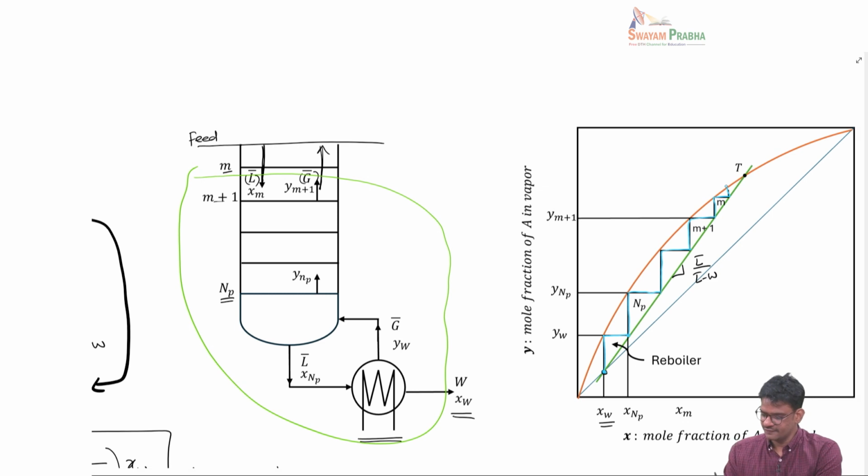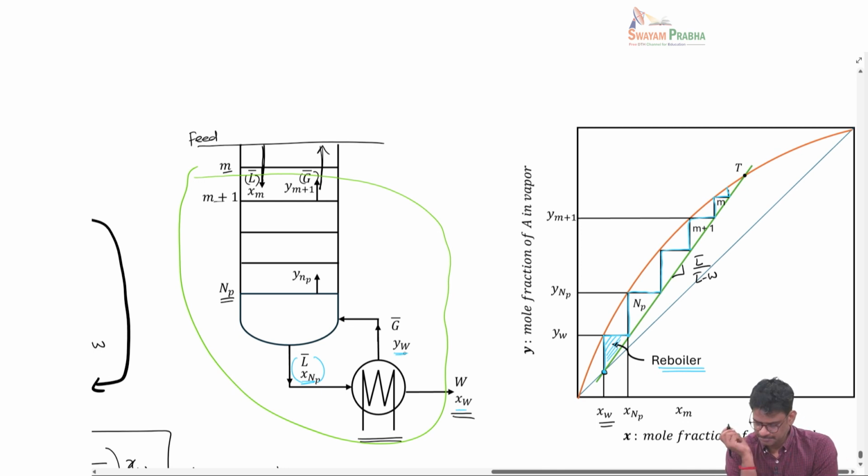The first step that you see here actually corresponds to the reboiler, because the reboiler is also a stage. In the reboiler, some liquid comes in with a particular composition, and the reboiler acts like a flash operation, where the outgoing vapor and the liquid are in equilibrium.